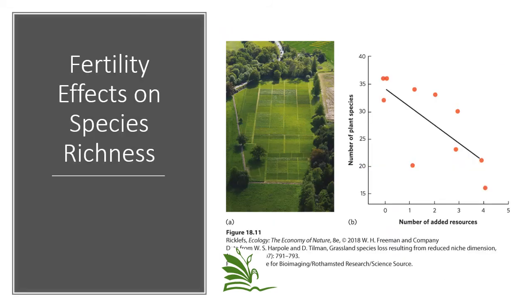Now, why is this the case? People have been asking this question of why does primary productivity influence species richness? And one of the answers that people came up with relatively recently was looking at how resources available in those locations might influence primary productivity and therefore influence species richness.